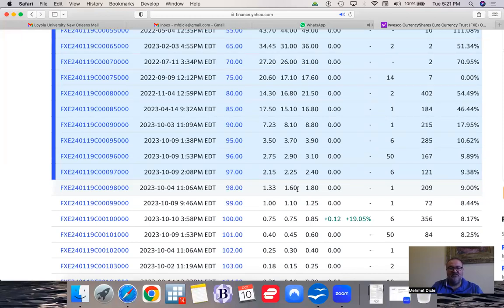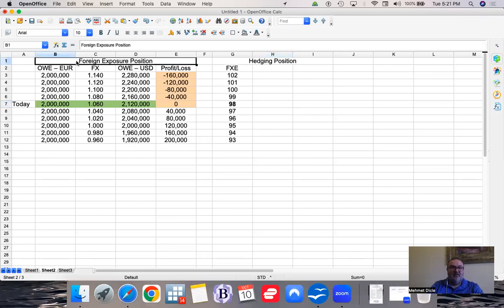Today's concept is to understand the concept of hedging when you have an exposure, a foreign exposure, and how you actually create a hedging position to hedge for it. Meaning we have a position that generates us a loss if the exchange rate goes up.